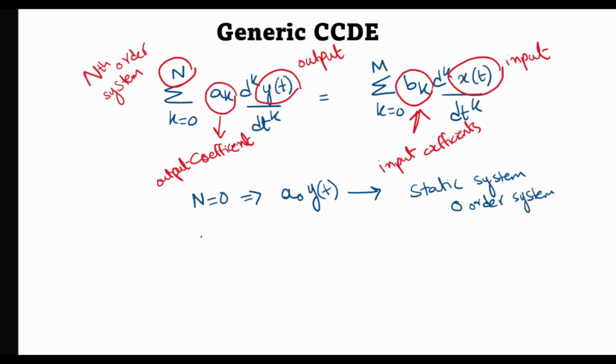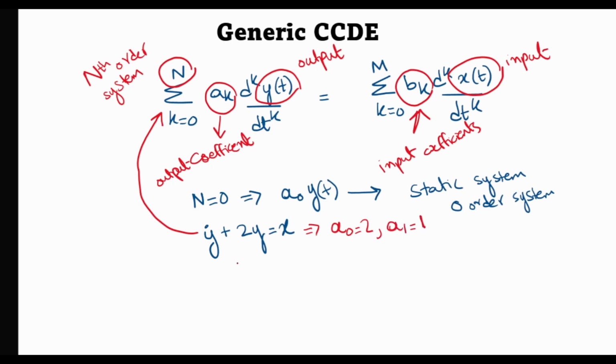In the previous lecture, we solved this equation, y dot plus 2y equal to x. And if I were to compare this equation with the generic equation of a constant coefficient differential equation, then I would get a0 equal to 2 and a1 equal to 1.